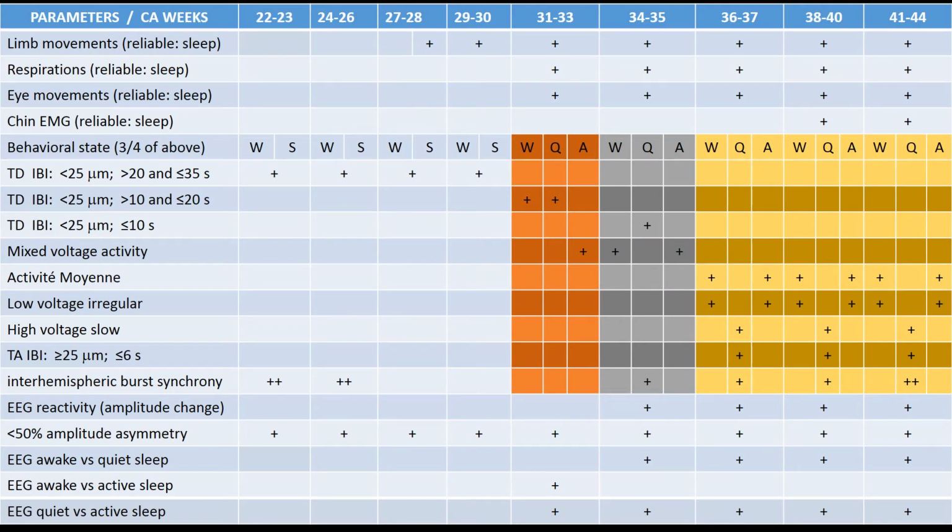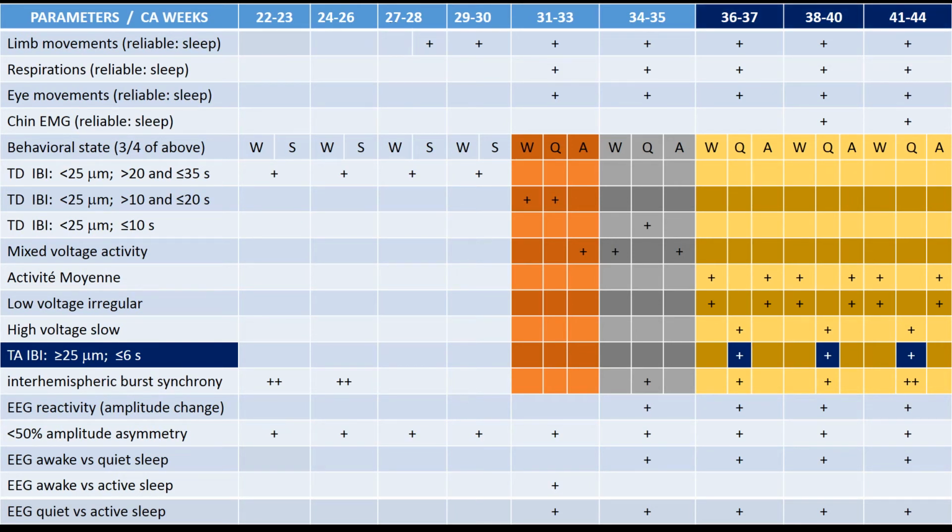As you can see in this table, tracé alternant, defined simply as a normal activity with interburst interval lasting 6 seconds or less and with an amplitude of 25 microvolts or more, is present during quiet sleep from 36 to 44 weeks.